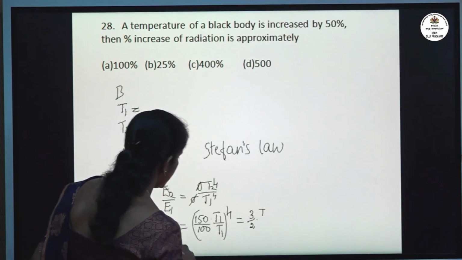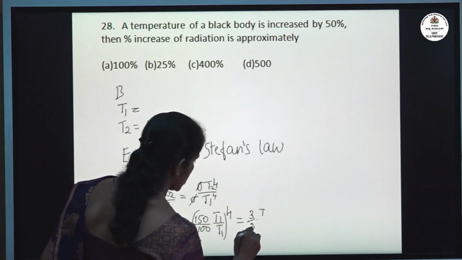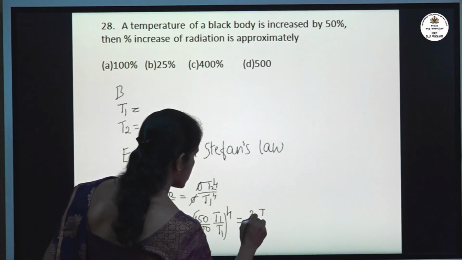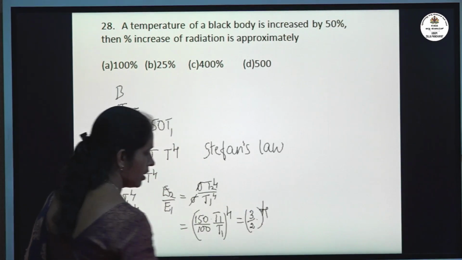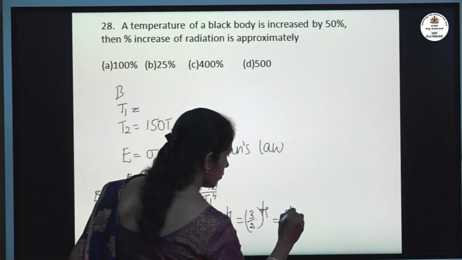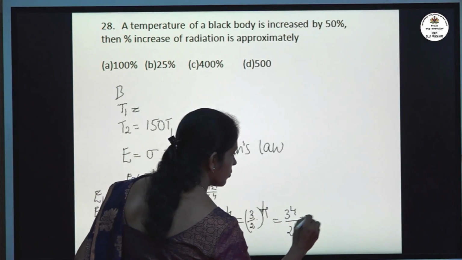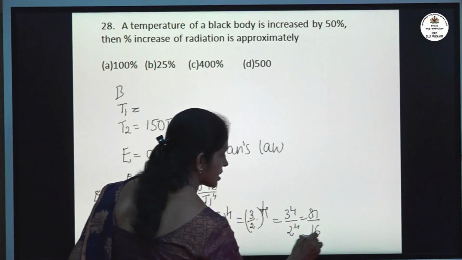Cancelling T1, we get energy of emitted radiation ratio as 3 by 2 raised to the power 4. 3 to the power 4 divided by 2 to the power 4 is 81 divided by 16.